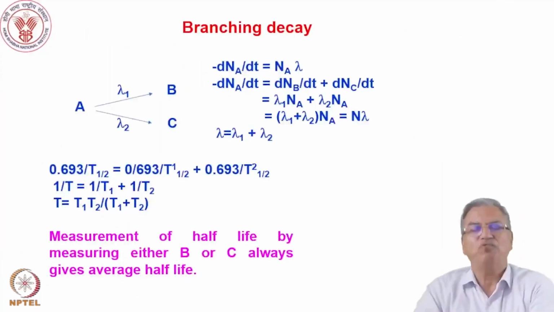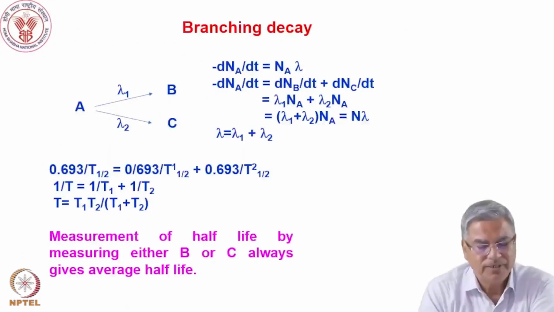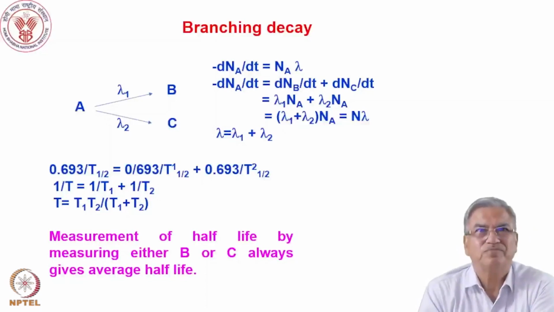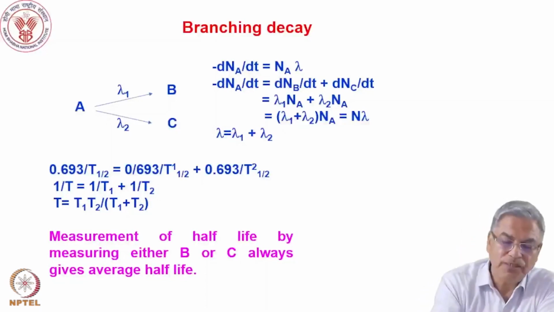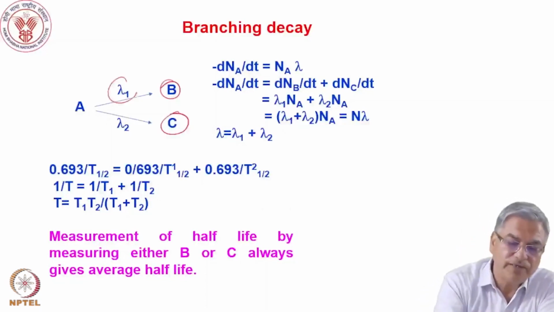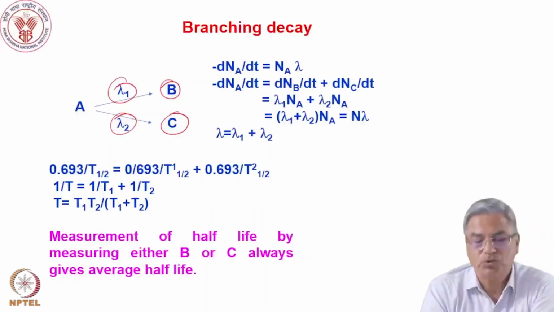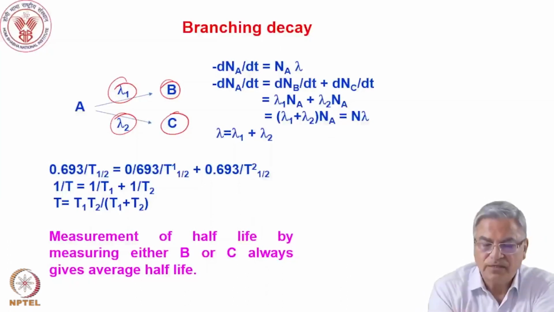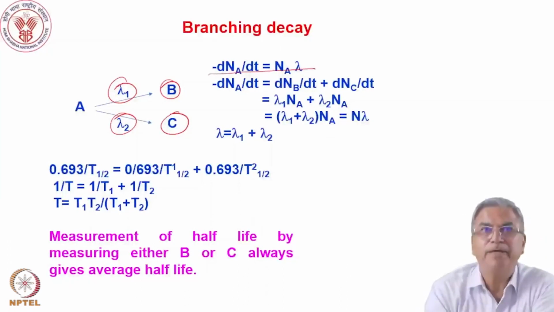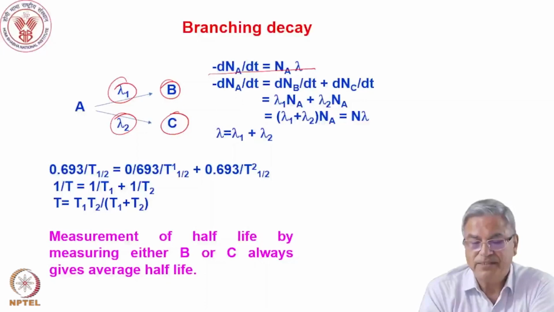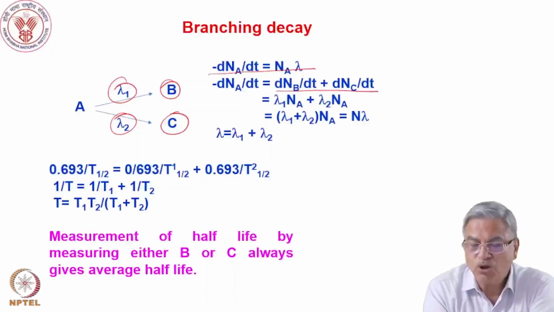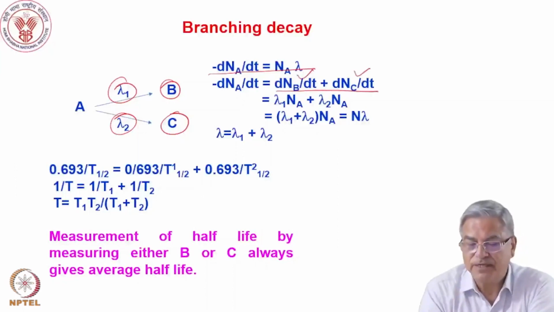There is another case, branching decay. That means the same radioisotope decays by two modes. A goes to B and C with different decay constants, lambda 1 and lambda 2. In such a case, the decay of the parent can be written as minus dNA by dt equal to NA lambda A, which is nothing but the growth of B and C separately.